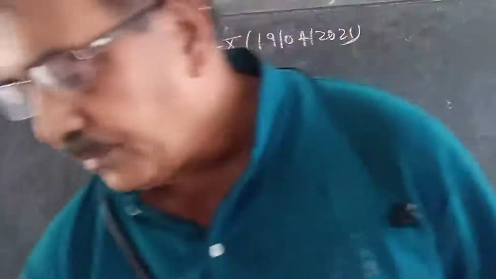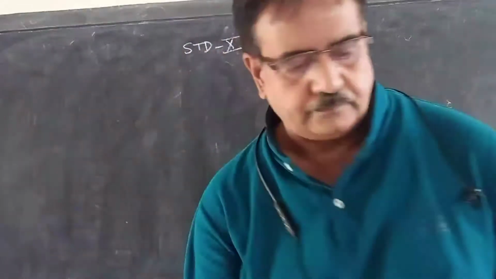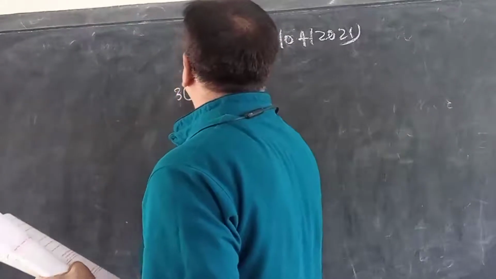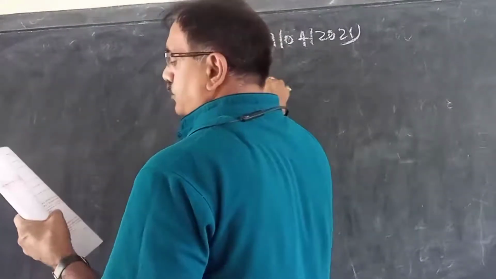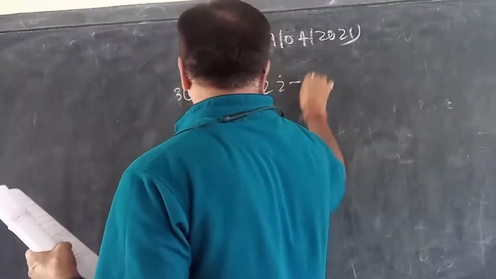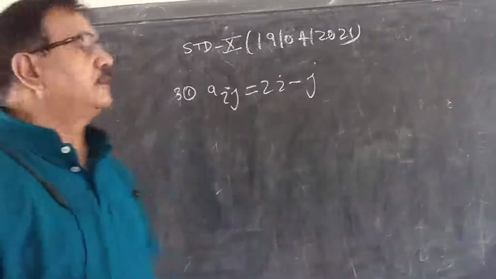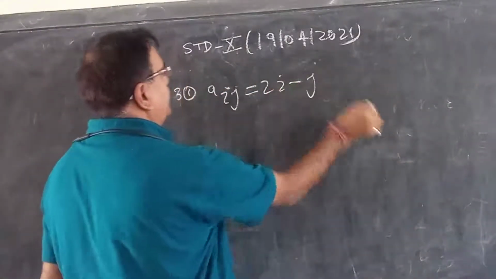Now question number 3. Aij is equal to 2i minus j. You have to write the matrix. This is the condition.